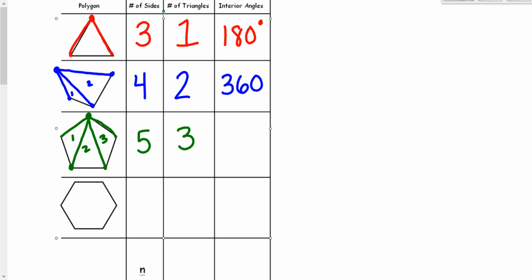For the triangle it is 180, but for the quadrilateral, I have this angle plus this angle is 180, plus this plus this is 180, making it 360. Here I have one triangle of 180, two 180s, which is 360, and 360 plus another 180 is going to be 540.